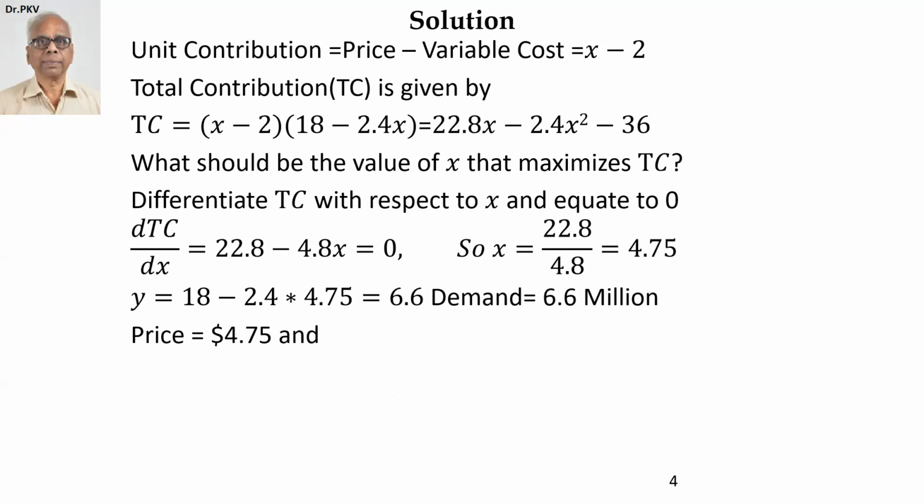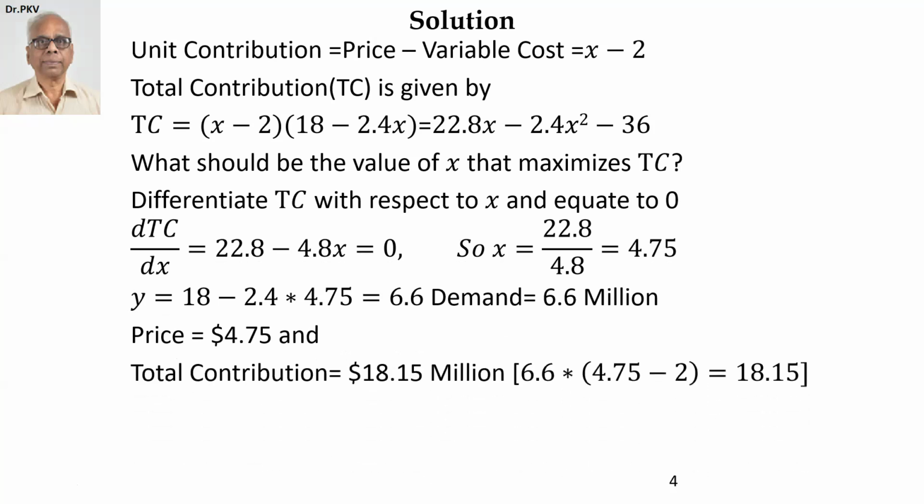Price is equal to 4.75. And therefore, I subtract the variable cost, 4.75 minus 2 multiplied by the demand, which is 6.6 million. I get 18.15. And therefore, the total contribution is equal to $18.15 million, which is the solution to the problem.